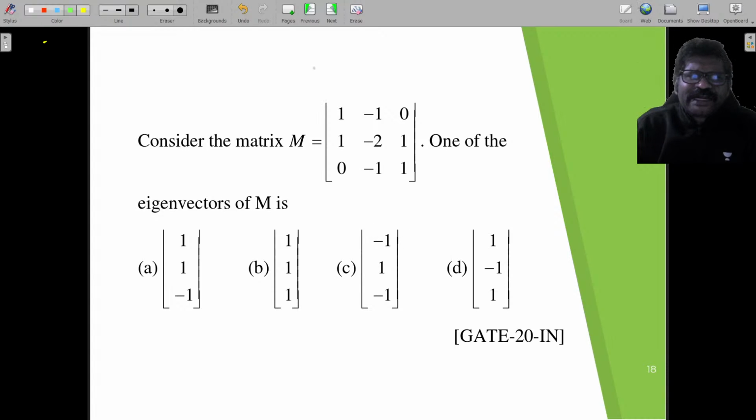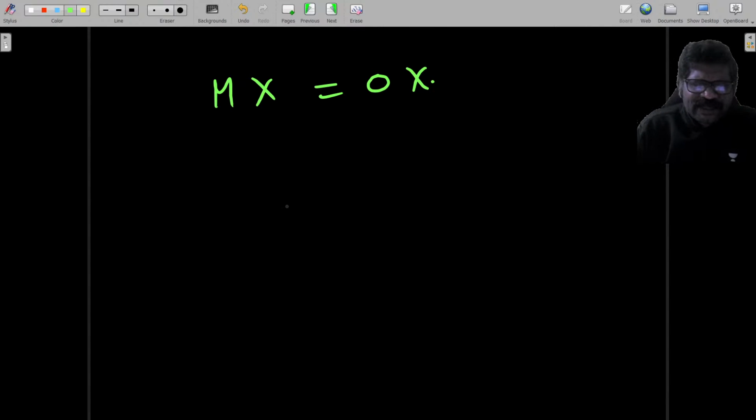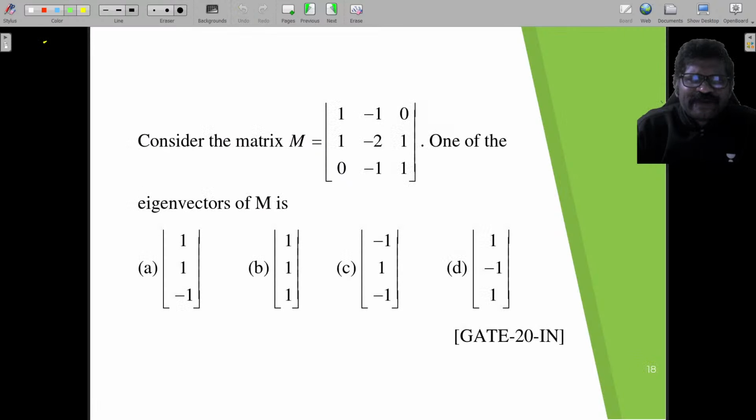First, I am going to verify Mx. If I get Mx equal to 0x, we can say that x is the corresponding eigenvector. I am taking the second option because it is different from the remaining three, where all are positive.